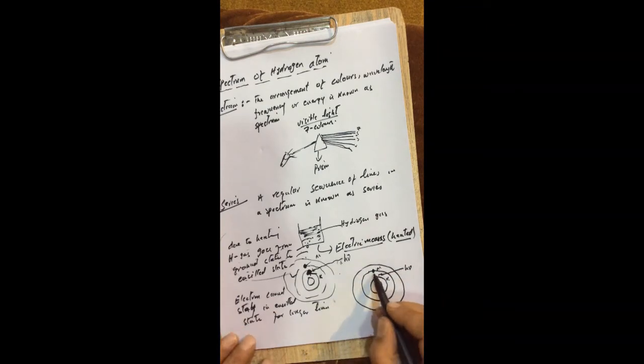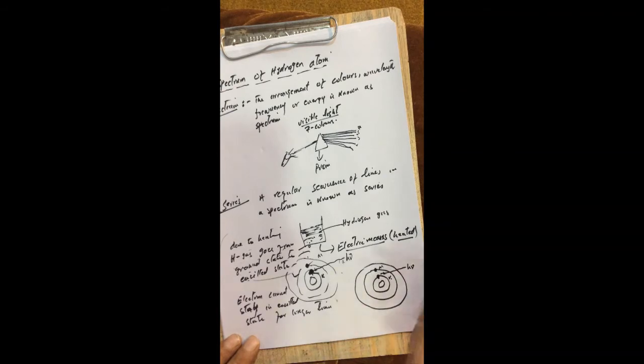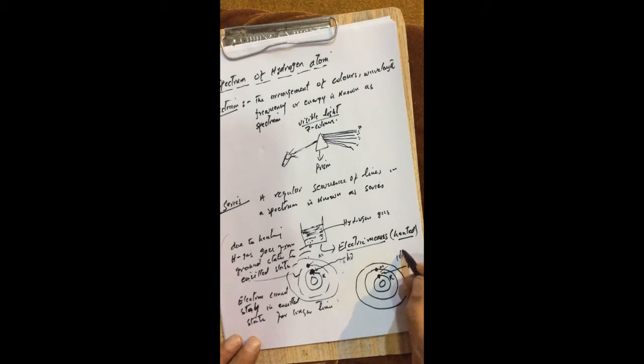Now this electron cannot stay there for a longer time, so it will de-excite. De-excitation means it will move back from the M to K shell, in a time of the order of 10 raised to the power minus 8 second. In 10 raised to the power minus 8 second, this electron will go back to its ground state.